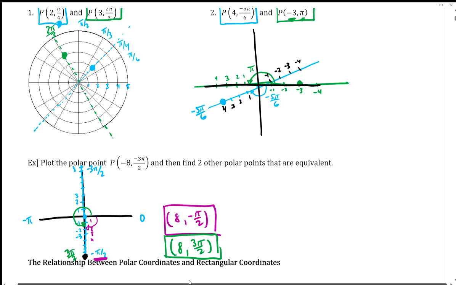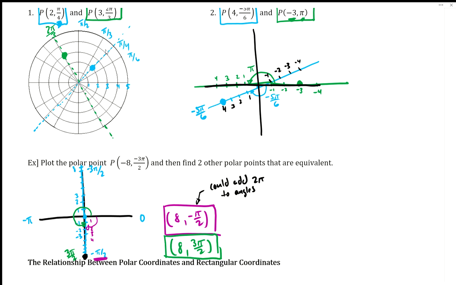Okay, so there's another way we could have gotten the point. We could continue to just add 2 pi to those angles. That's another thing we could have done. Okay, so let's mark that. Could add 2 pi to angles for more polar points that are equivalent.